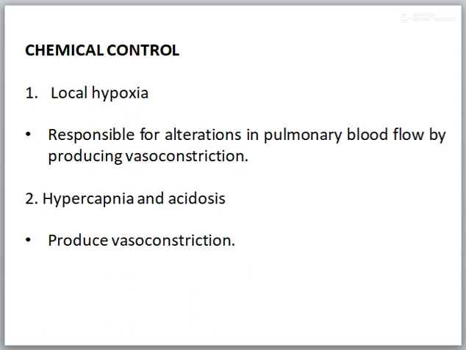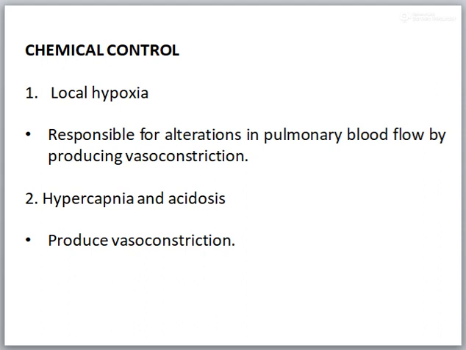Now come to the chemical control. First is local hypoxia. Local hypoxia is responsible for the most significant alteration in the pulmonary blood flow, producing vasoconstriction. In lung, low partial pressure of oxygen in a region means that the alveoli in that region are not well ventilated.